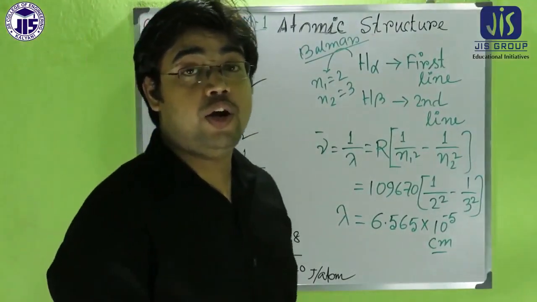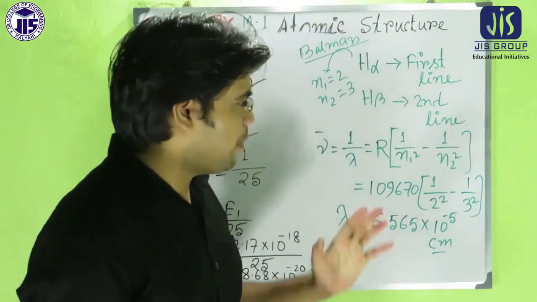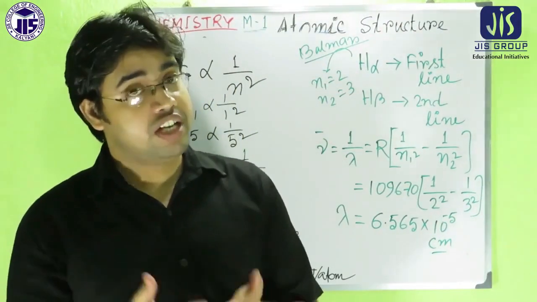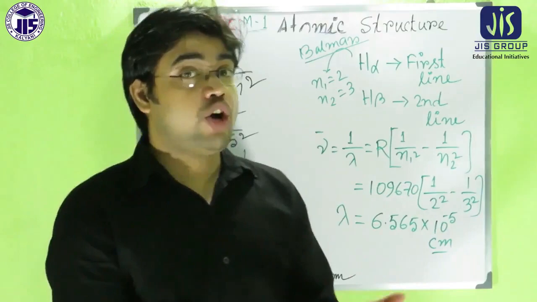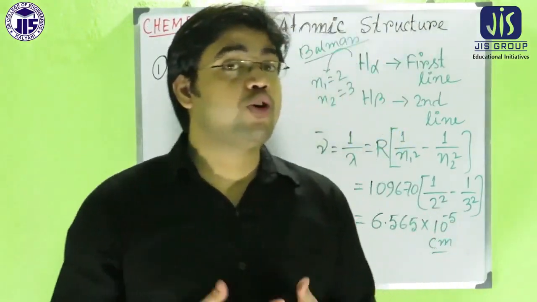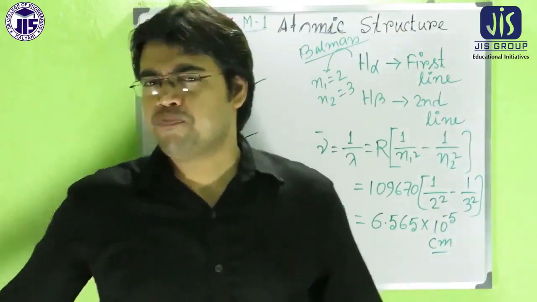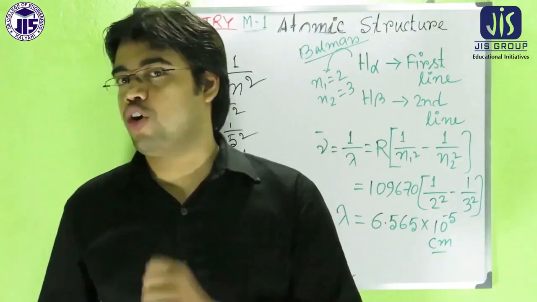Now we'll discuss the solution of the problem. In the first problem, the energy of the first Bohr orbit is given, and we have to calculate the energy of the fifth Bohr orbit.